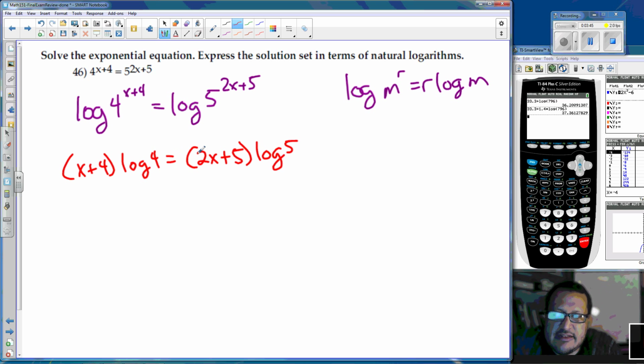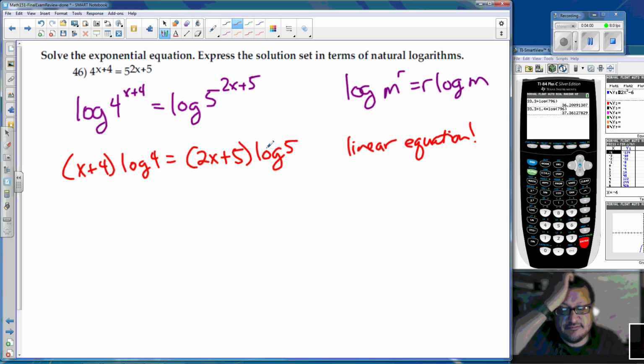At this point, this is just a linear equation. This is chapter 1 material. Log is just a number, so x is the highest degree we have here. Because there's a log, sometimes it looks a little scary, but it's actually just a linear equation.